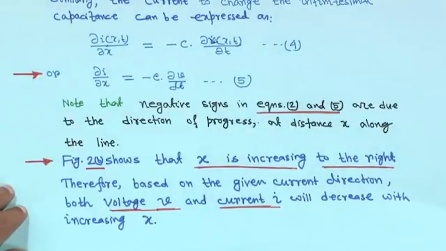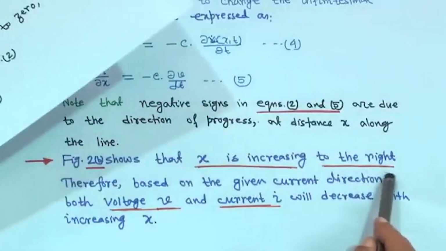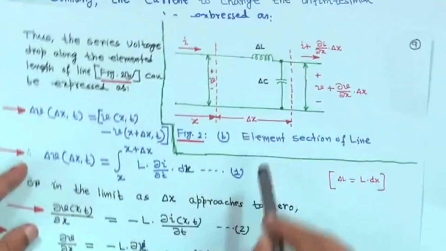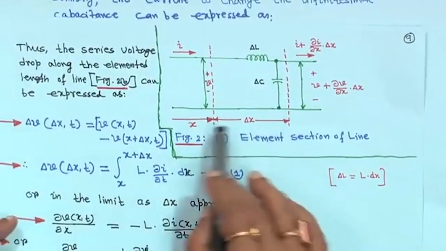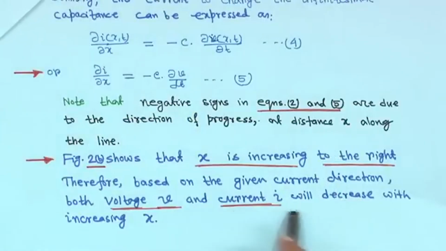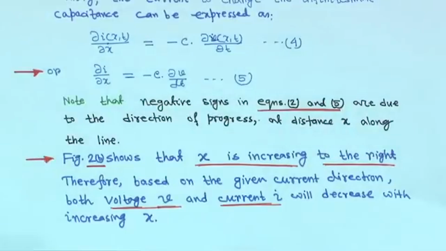Figure 2b shows that x is increasing to the right. Therefore, based on the given current direction, both voltage V and current I will decrease with increasing x. That means, as x is increasing from left to right, both voltage V and current I will decrease with increasing value of x.